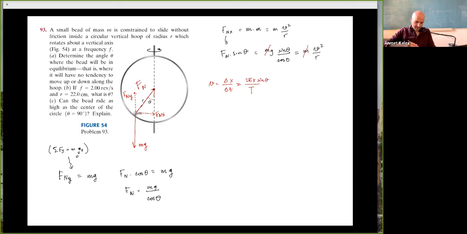Okay, I don't want red color here. Let me fix that. Color black, okay. And so I can plug this in here. Maybe I can write one more thing because they are talking about frequency. And I know 1 over the period is equal to the frequency, right?